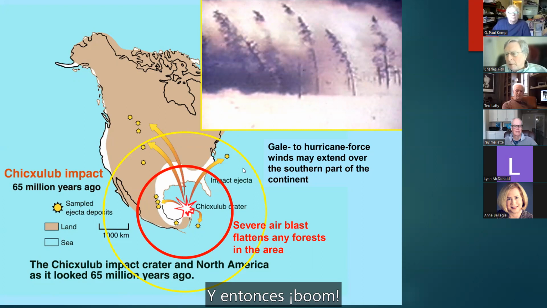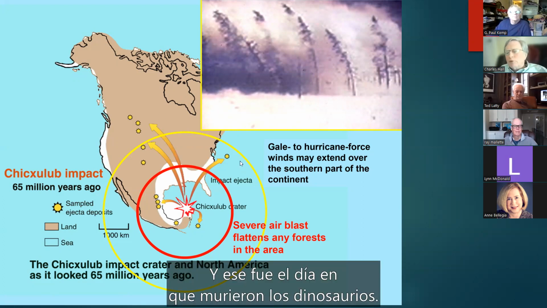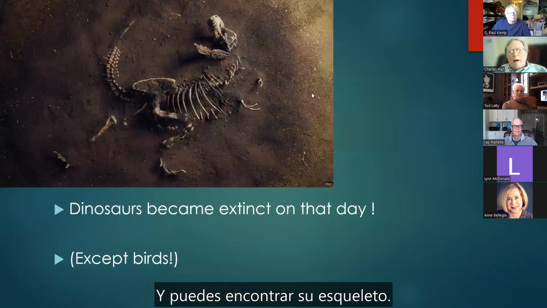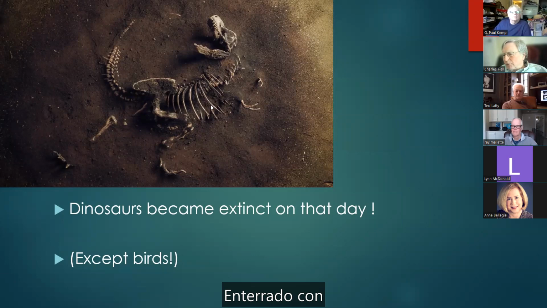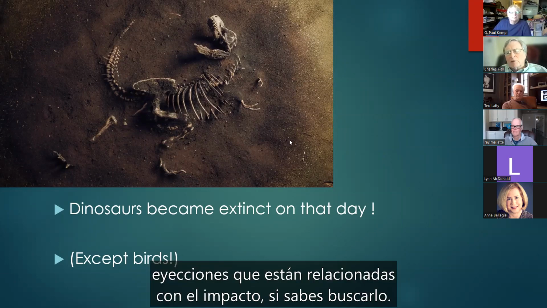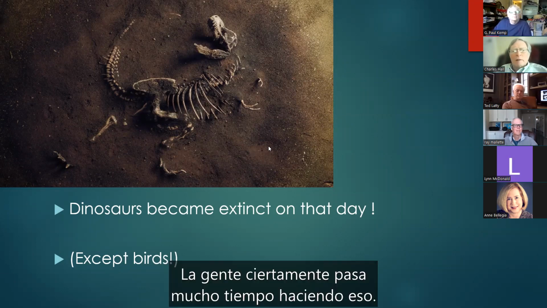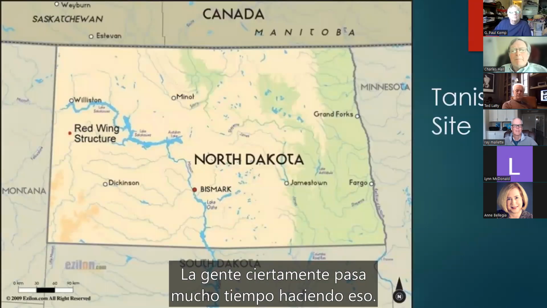And so kaboom! And that was the day the dinosaurs died. And you can find their skeletons buried with ejecta that's related to that impact, if you know how to look for it, and people certainly spend a lot of time doing that.